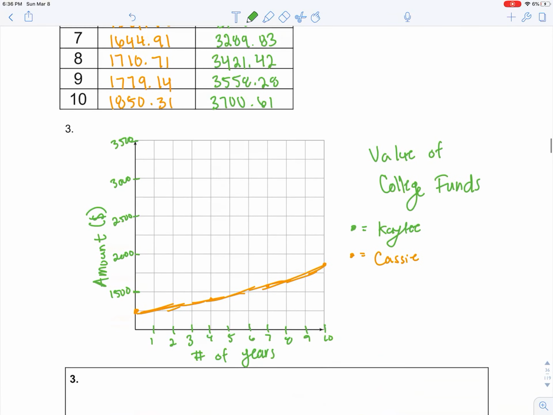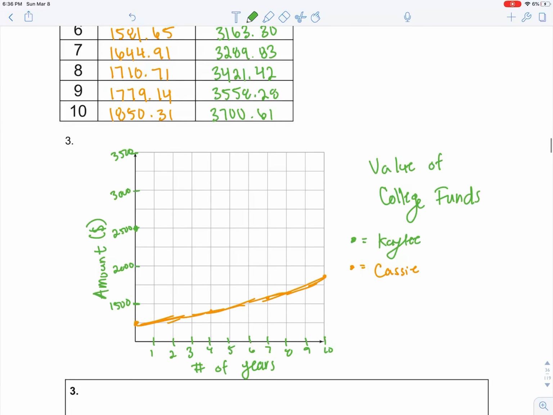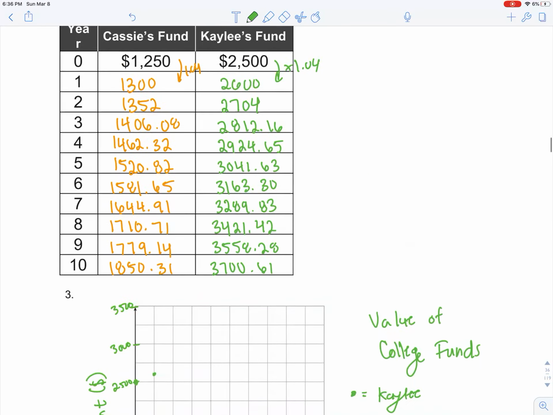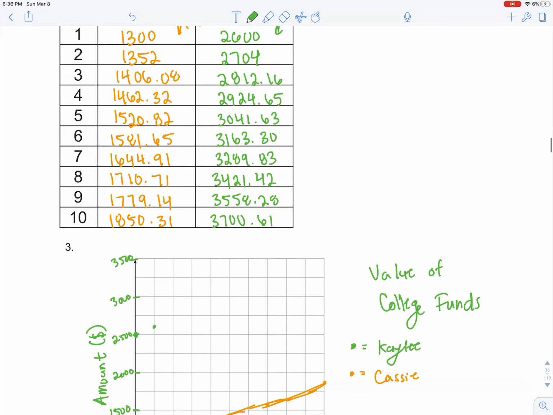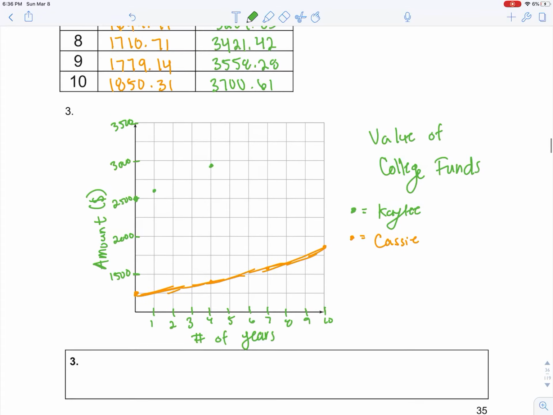Now let's graph Kaylee's. All right, Kaylee starts at 2,500, so right there. And then she increases to 2,600 in year 1. So I'll say that's like probably right there. Then let's go to year 4, 2,924. So that's pretty close to 3,000.